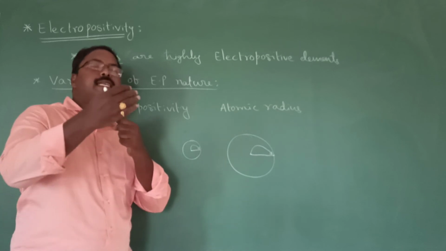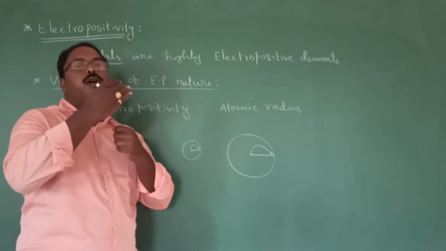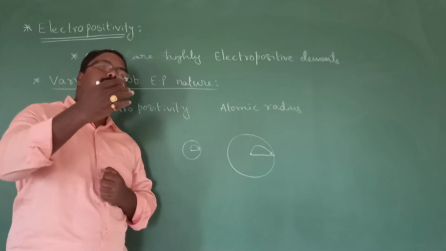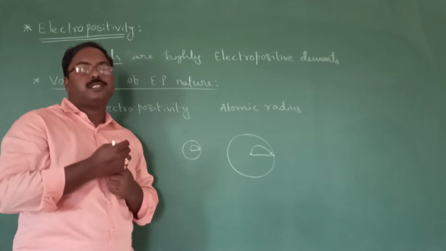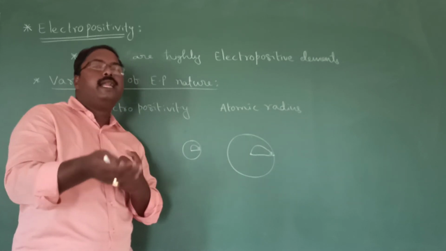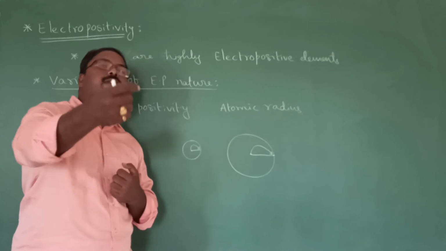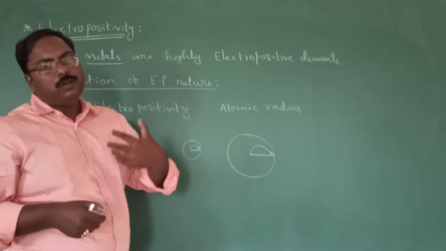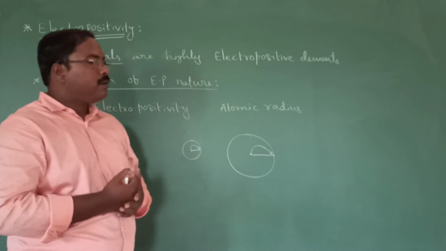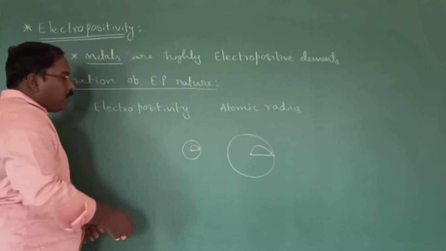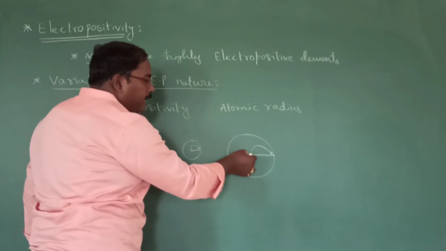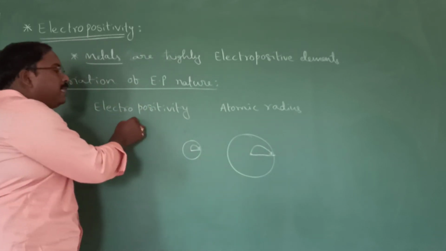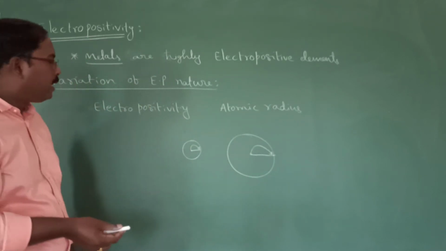The nucleus cannot attract the electrons strongly, so indirectly it will be easy to lose the electron. So, more the atomic radius, more will be the tendency to lose the electron.